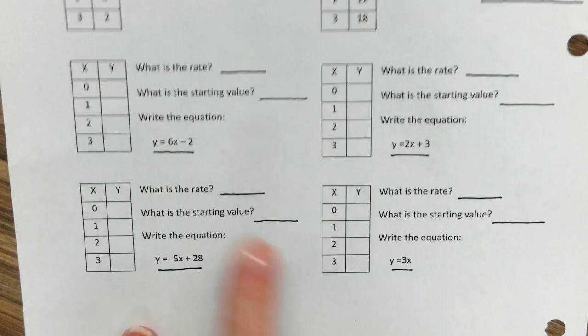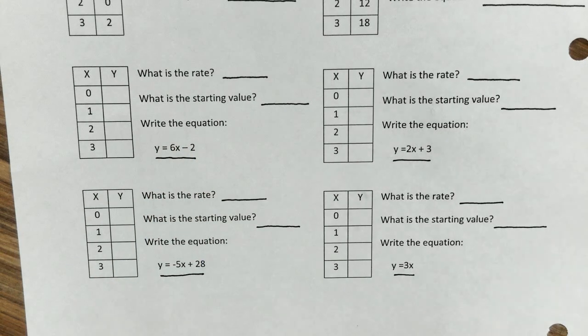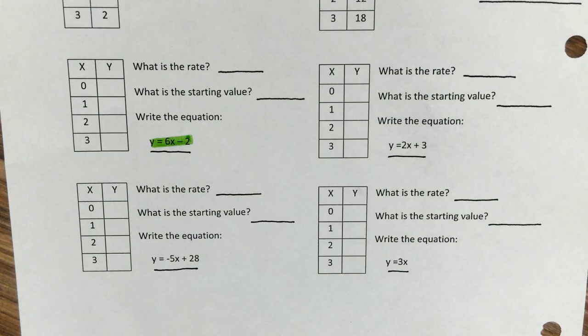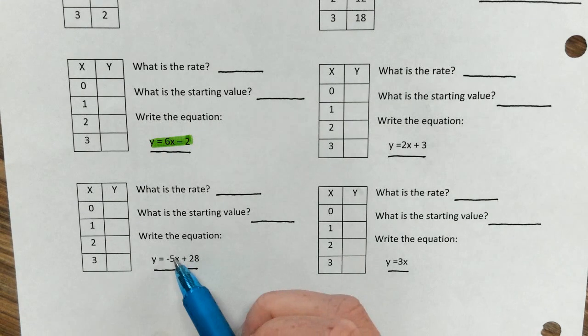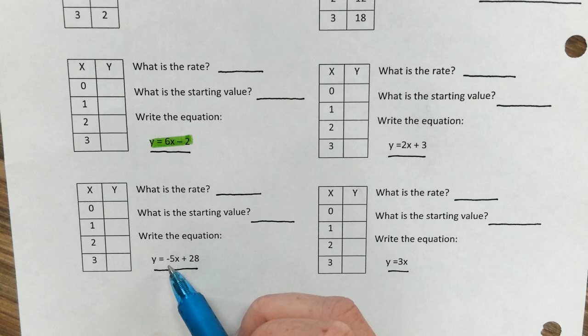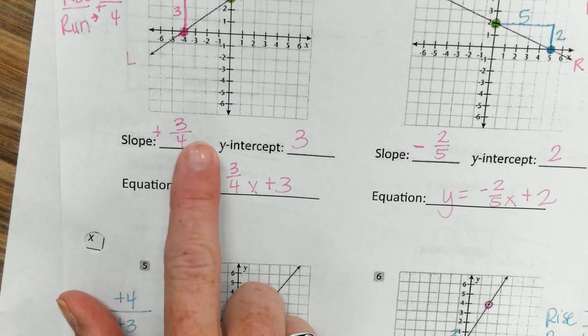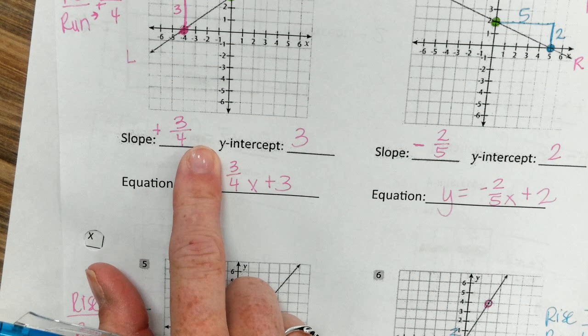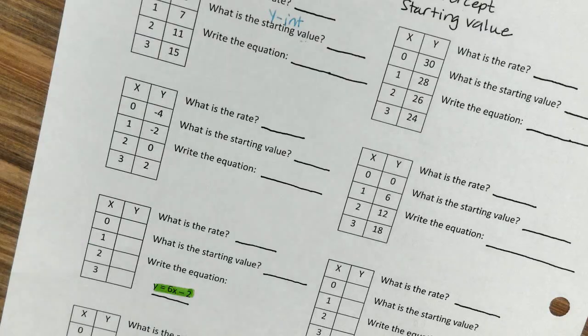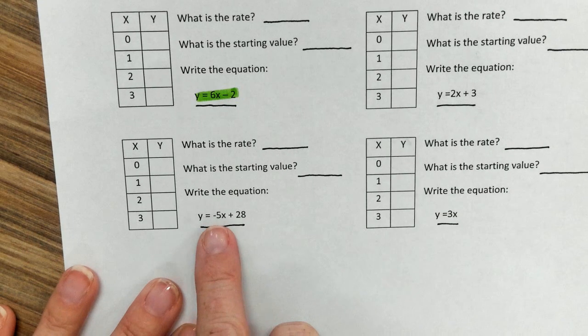And then the last 4, and I forgot to number these. The last 4, what did they give you? They gave you the equation. You have to find the slope from it. Guys, listen to me. When we write the slope, look at our notes. Did we ever put an X next to it? No. So right here, what is this slope?